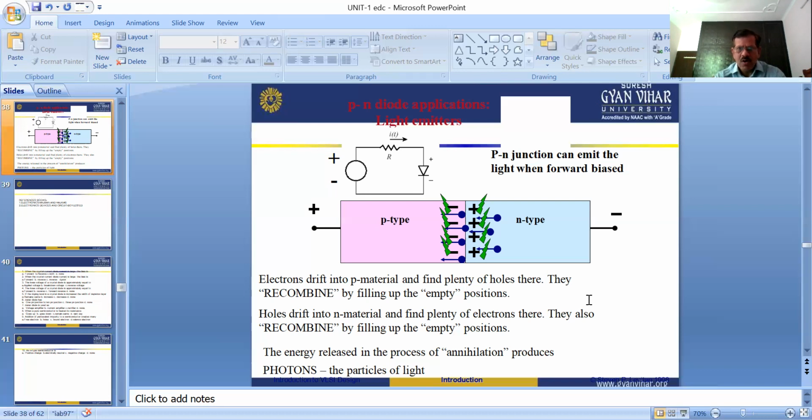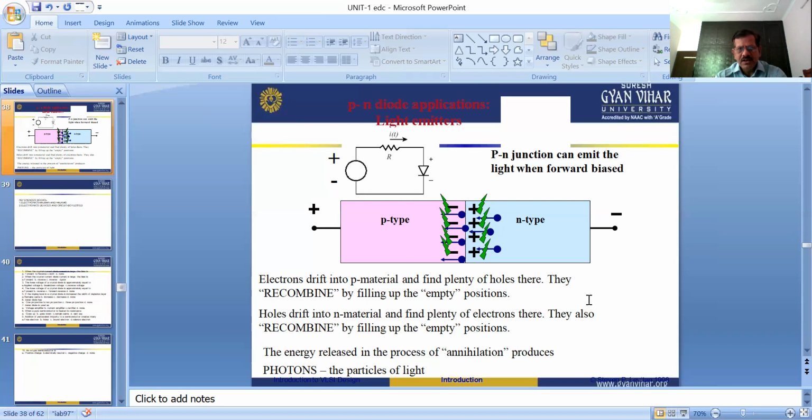Switching means on, off, on, off. In the on condition the current flows and the diode conducts. In reverse bias condition the diode is off and there is no flow of current.